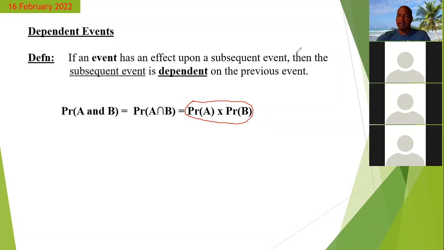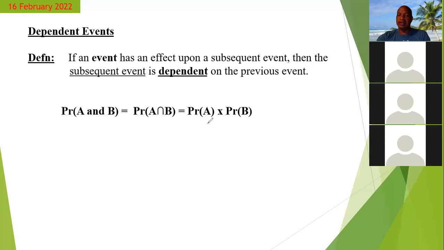So go over that again, please. All right. In the independent event, when we are calculating the probability of A and B, we multiply the two probabilities. You remember that? Yes, sir. For the independent event, yes. And in the same way, when we are calculating the probability for dependent events, we still multiply the two probabilities.